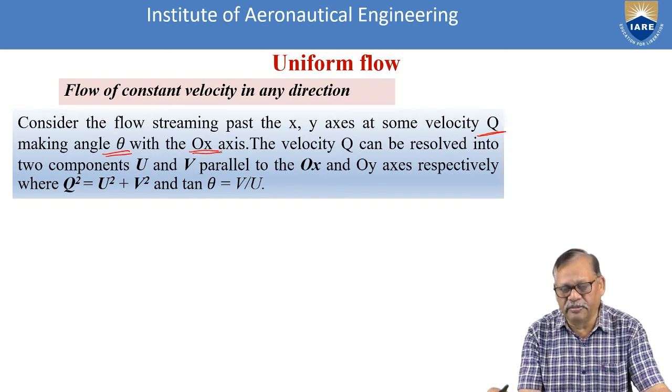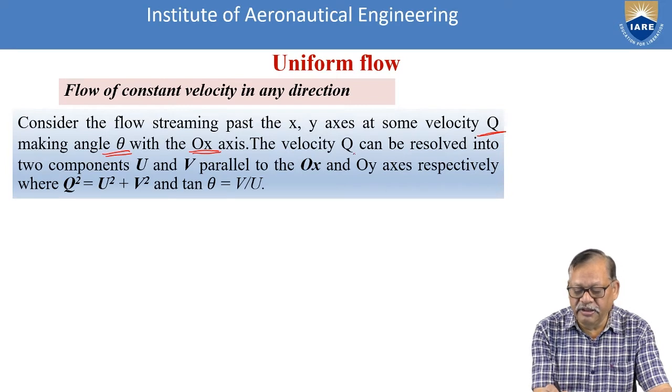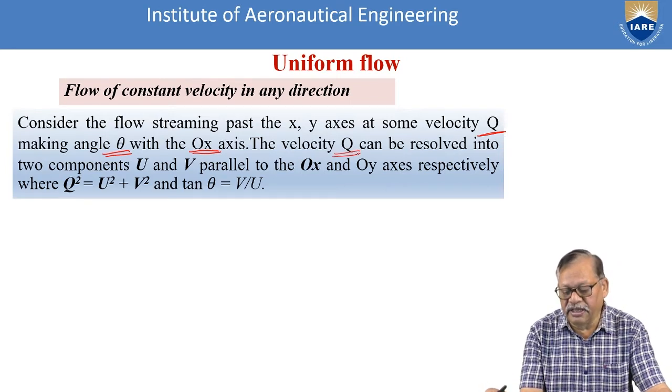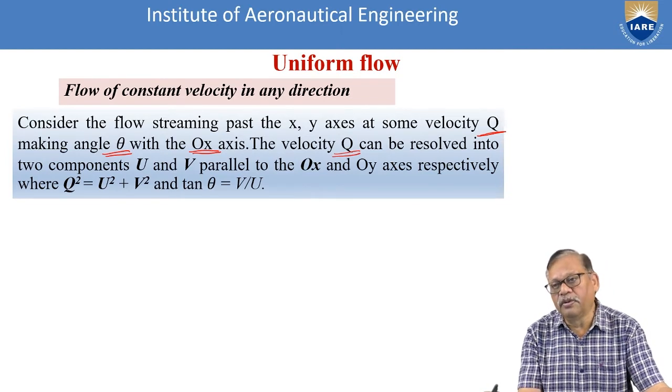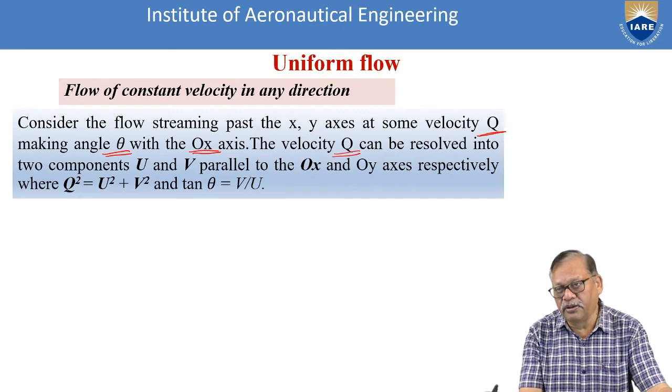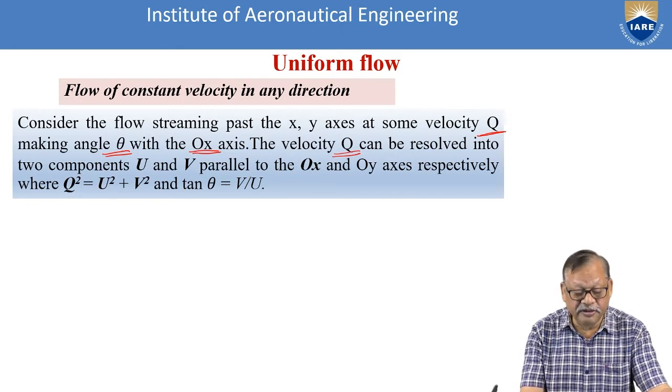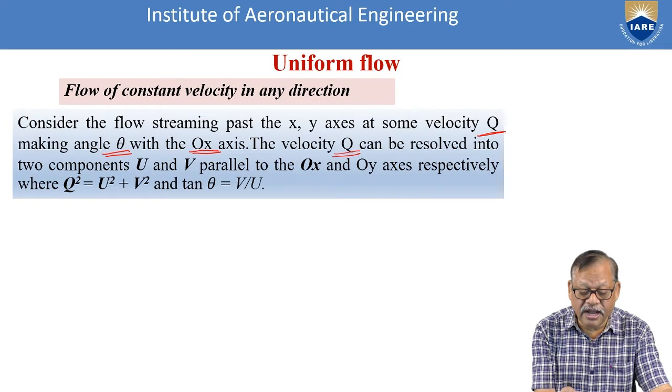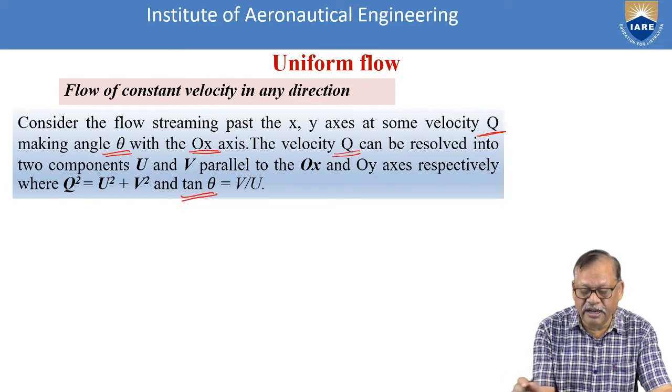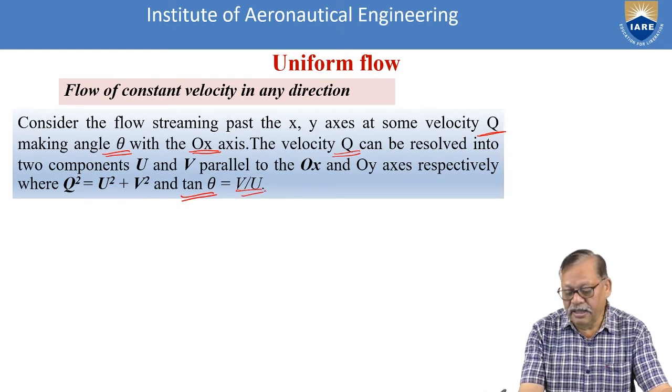We are measuring that angle, and this resultant velocity can be resolved into the two components u and v, parallel to the x-axis and y-axis respectively. So we know q square is equal to u square plus v square, from resolving the triangle like that. And tan theta, the angle between them, is equal to v by u, right? That is the angle we are making.